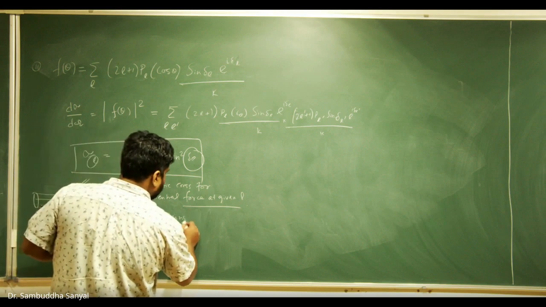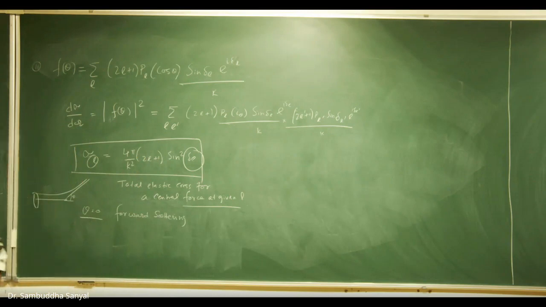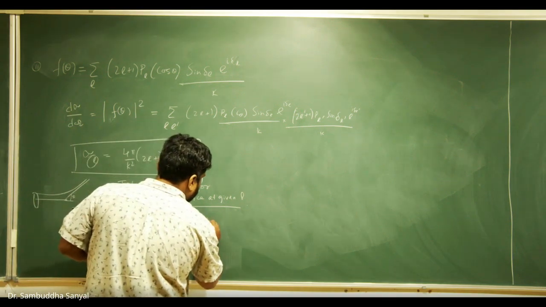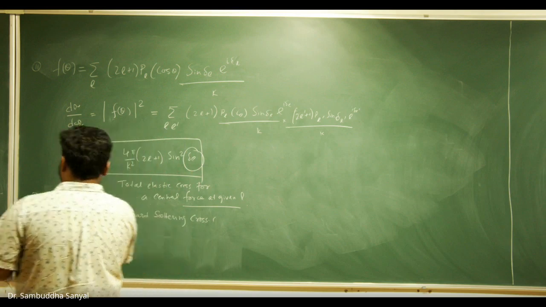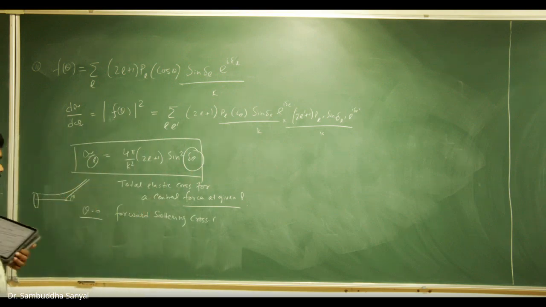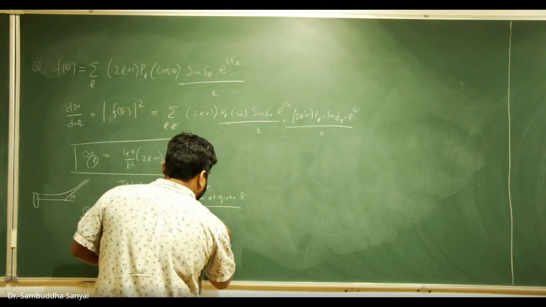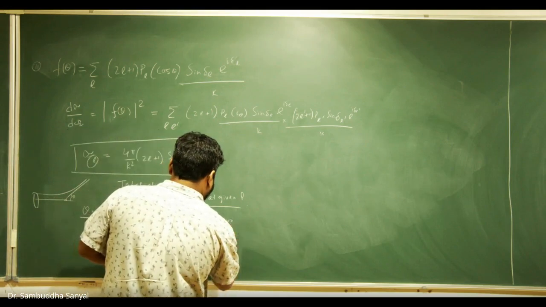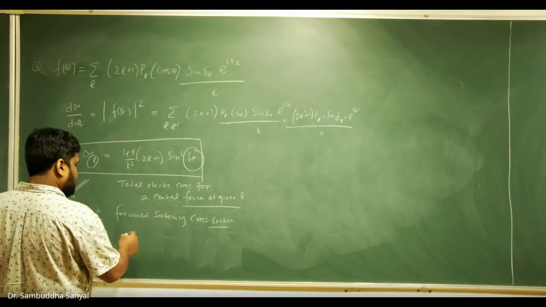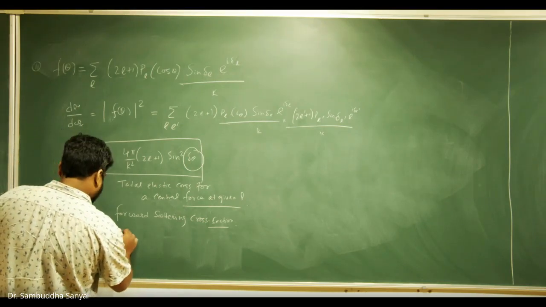This thing has a special name because it was first worked out for physical optics, using classical physical optics, by Rayleigh. It's basically the fact that the particle goes straight without any scattering. So what's the probability of that? Forward scattering cross section. And this has a name for historical reasons because it came from there.